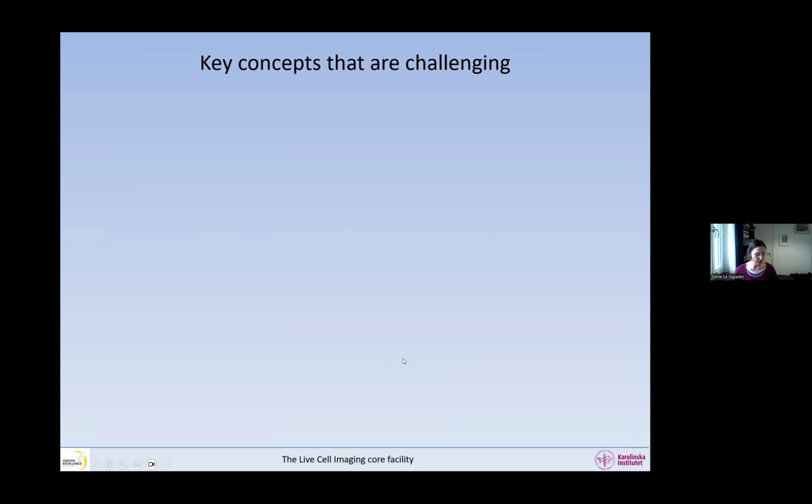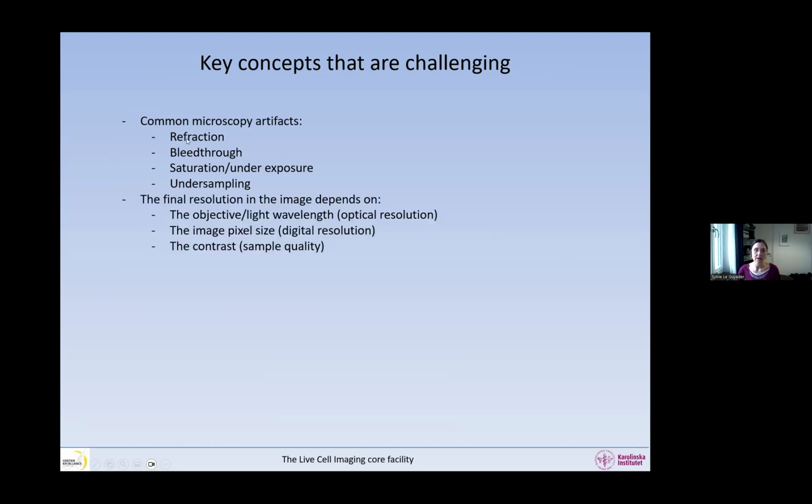So here are a few key concepts that are a little bit challenging in microscopy. They are microscopy artifacts that are often not talked about enough, say. So refraction is one of them, and then bleed through, saturation and underexposure, and undersampling. So in this course, we're going to talk about all these, and these are artifacts, so we want to avoid them.